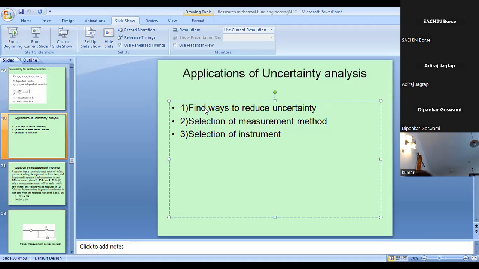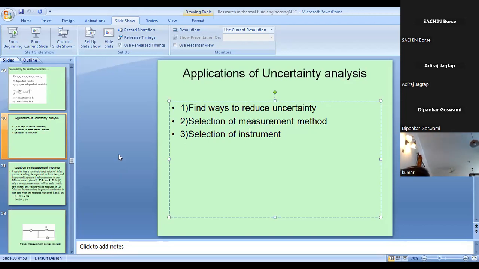So we have to limit the uncertainty to 1-2%. We have to use this analysis to reduce the uncertainty. Then we can use it for selecting the appropriate measurement method. We can use this uncertainty analysis to select the instrument.